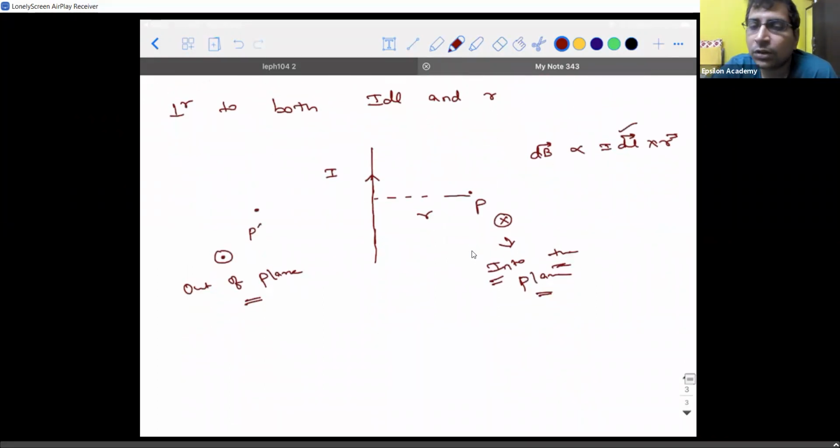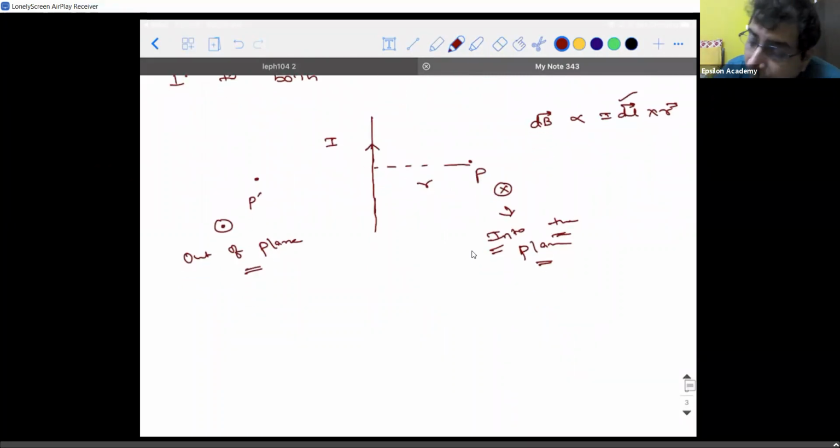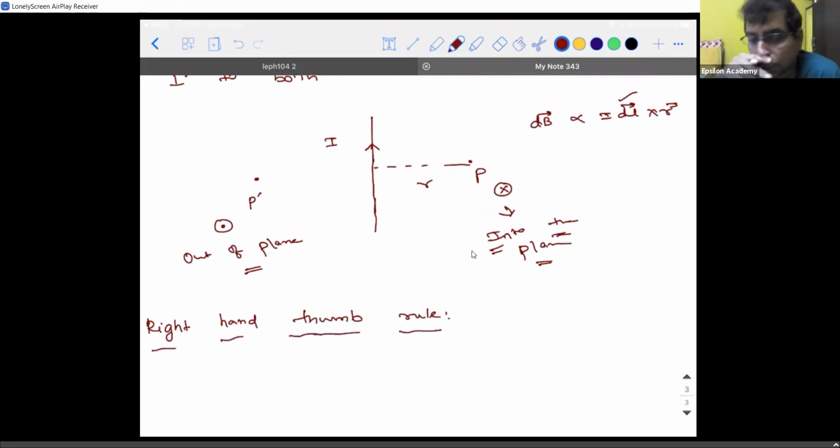Okay, so this is one way of finding the direction of magnetic field, and the other is by using the right hand thumb rule. The right hand thumb rule is something like this.